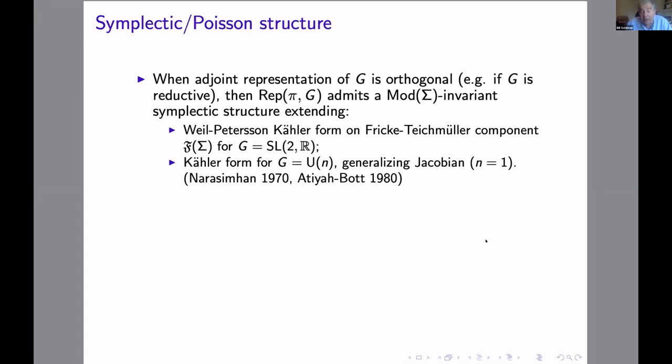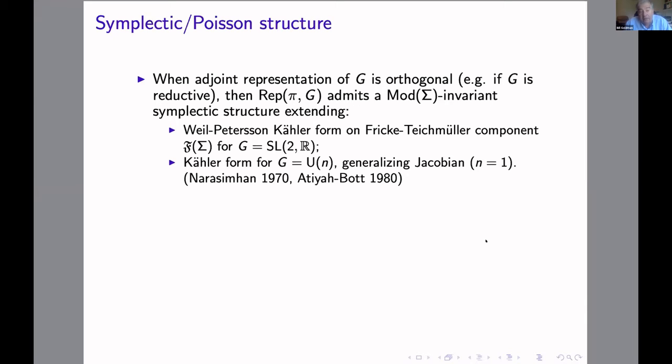In the case of compact groups, for example, the unitary group, the natural symplectic structure, to my knowledge, was first discovered by Narasimhan in 1970, where he wrote down a formula in terms of flat connections and differential forms.